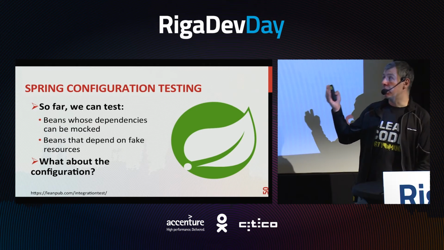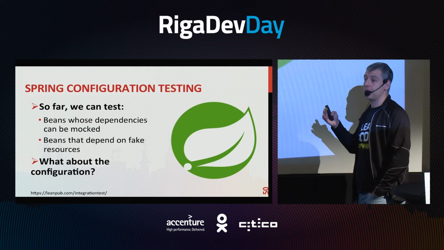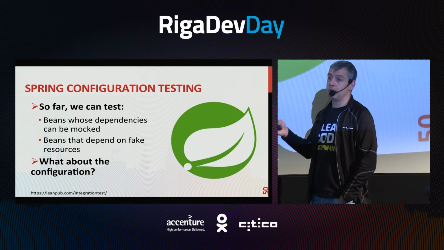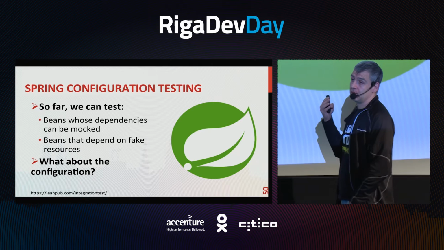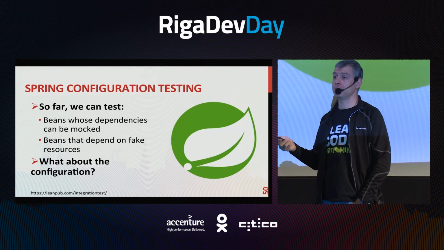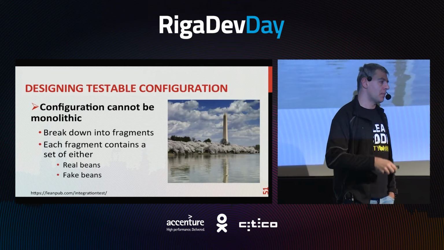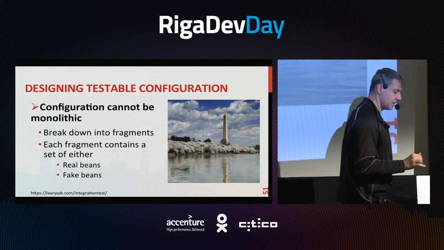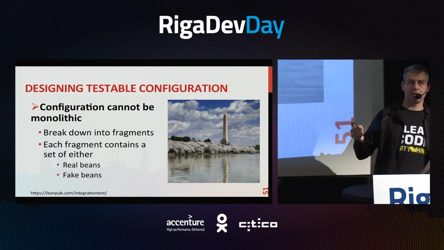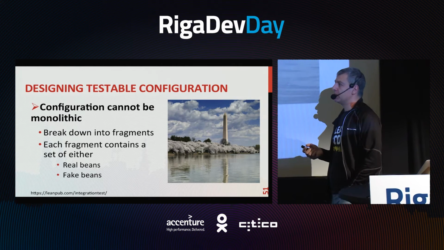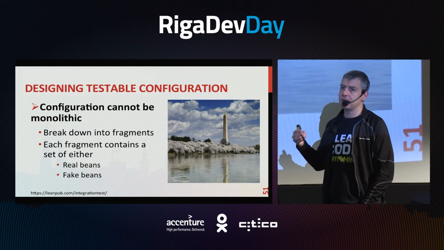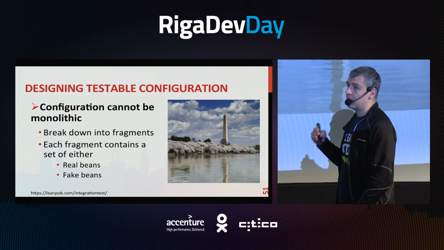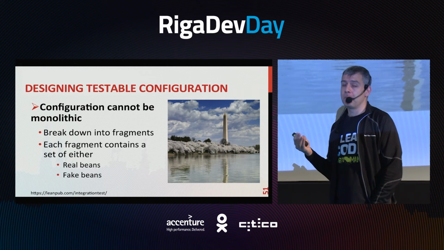So how do you test, for example, the Spring configuration? You probably have to run the Spring application itself. That's good because Spring is really, really great at testing itself. But you have to take care in the design of your configuration files.